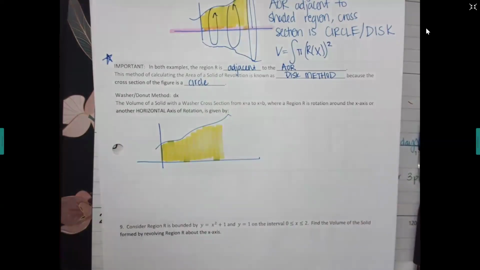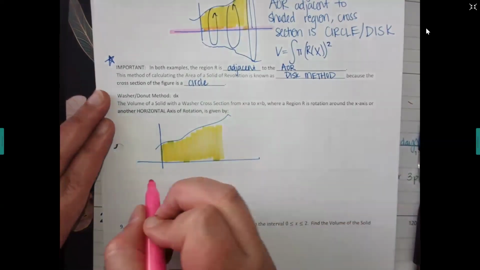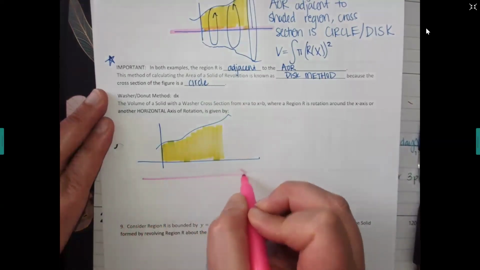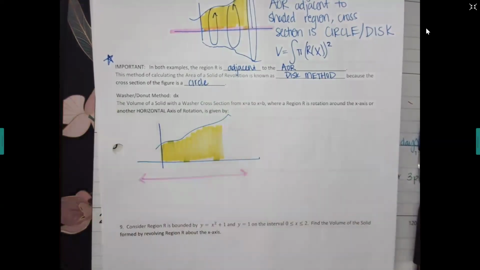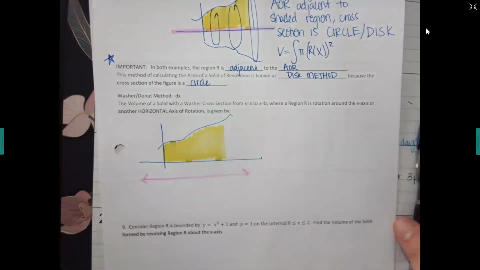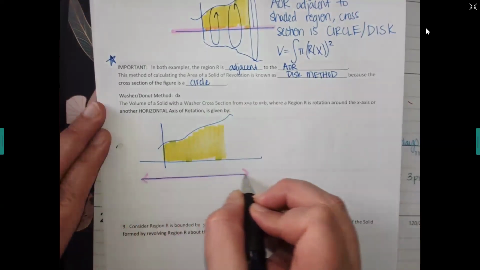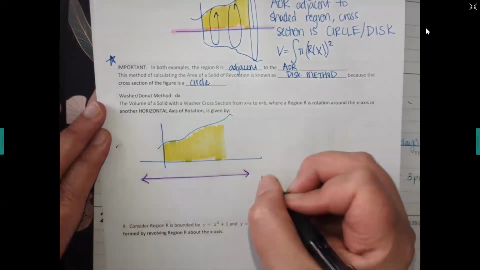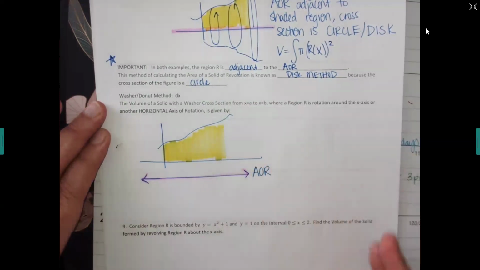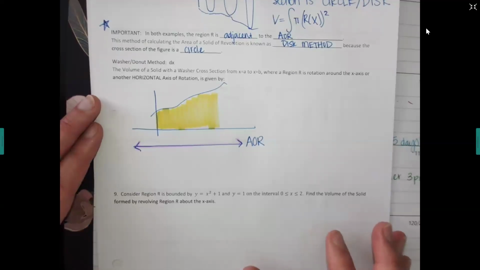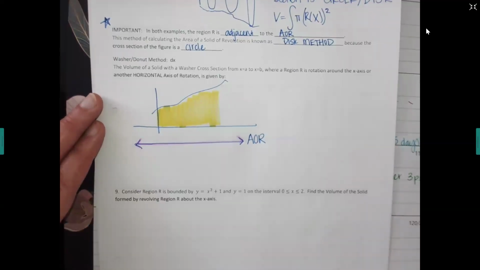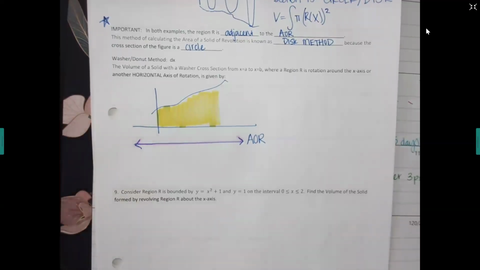But this time, instead of rotating around the x-axis, I want you to pick a different flat line that's not already right up next to the yellow. So this is going to be my AOR. And remember, AOR is basically what I'm rotating around. Remember the applet, that this is going to spin around that line.